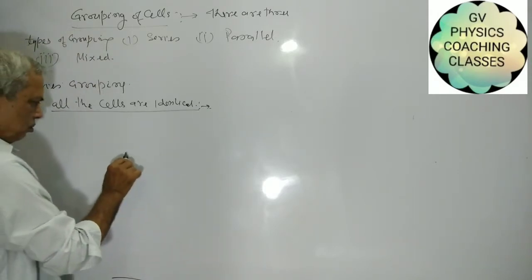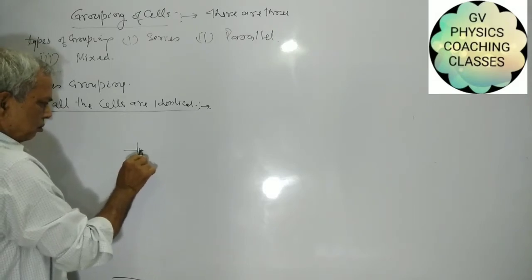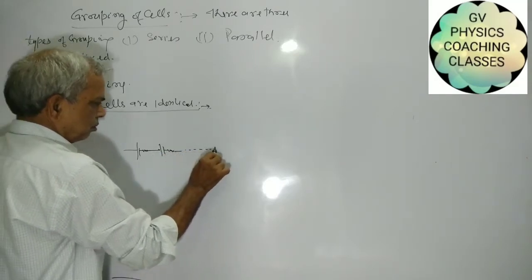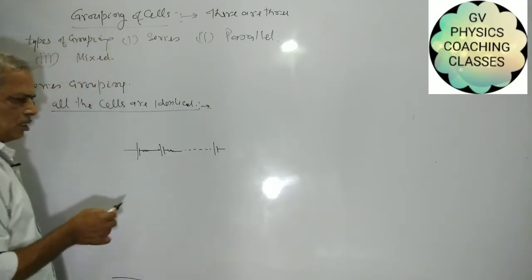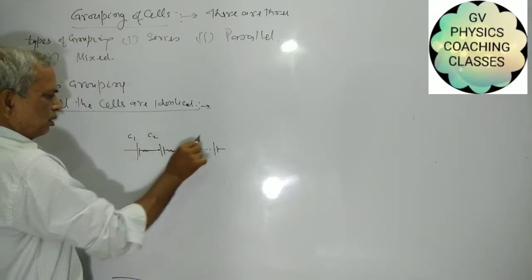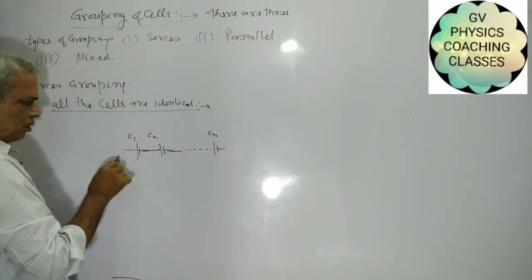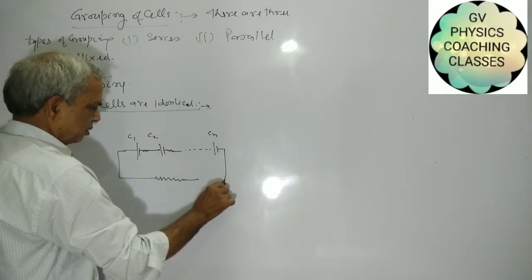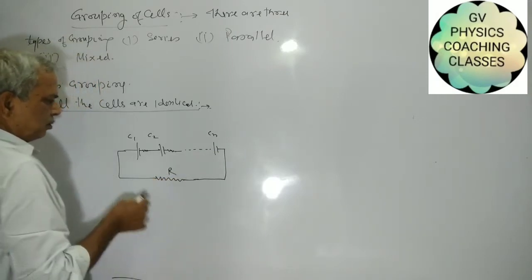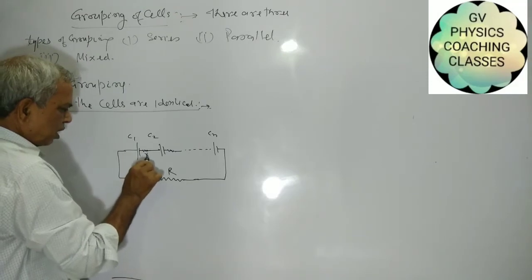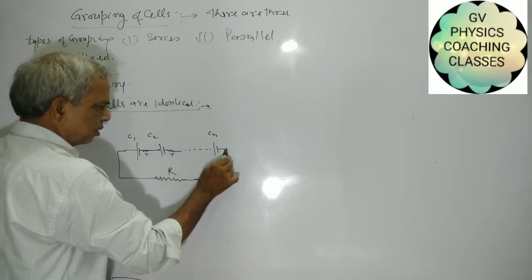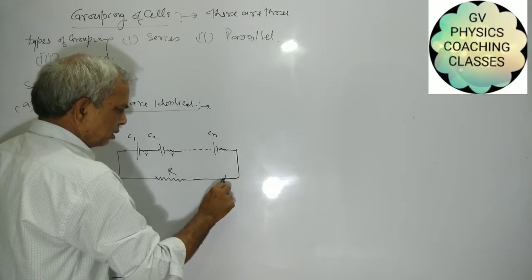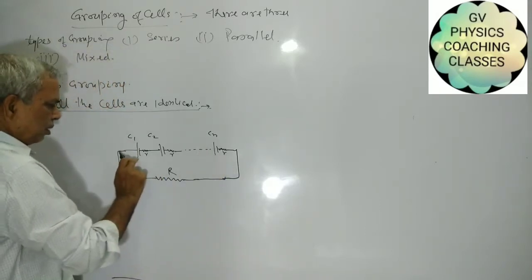Let n cells, let this be C1, this is C2, this is Cnth cell, and connected to an external resistance R. The internal resistance of each cell is r, and EMF is E.